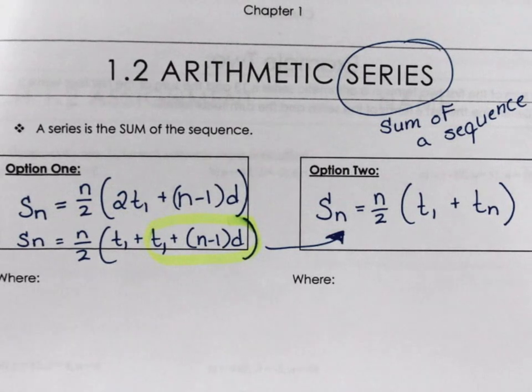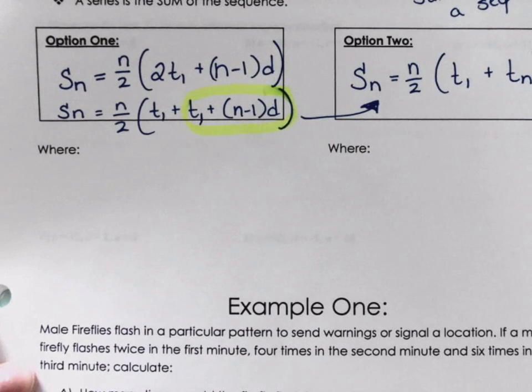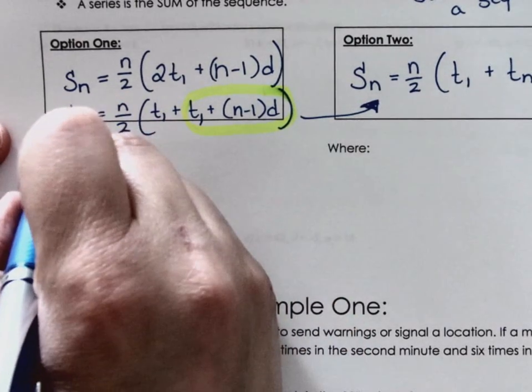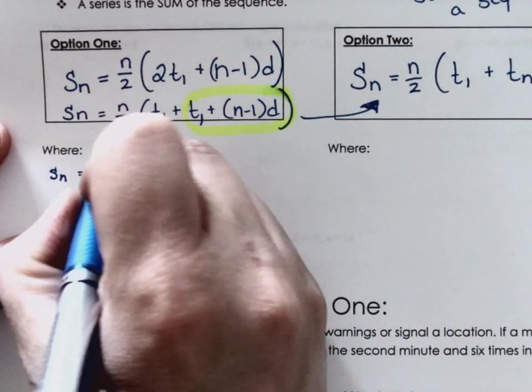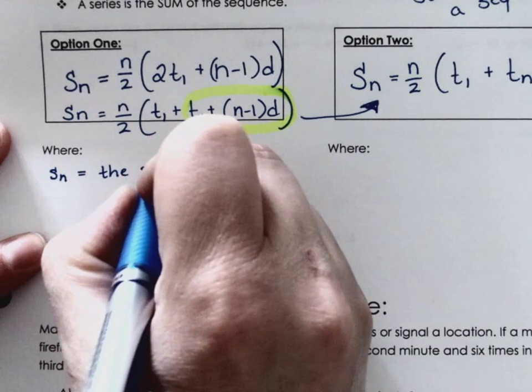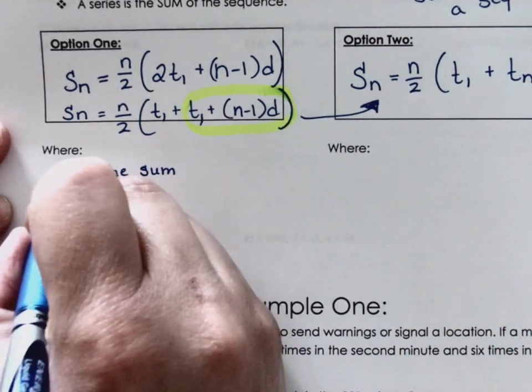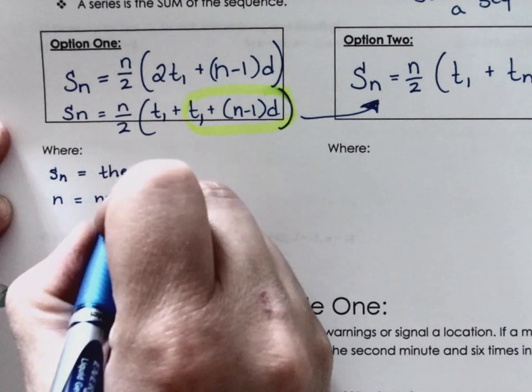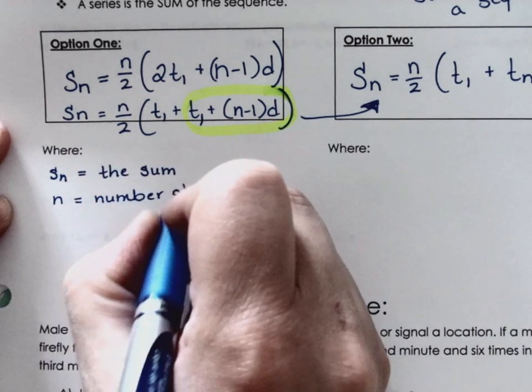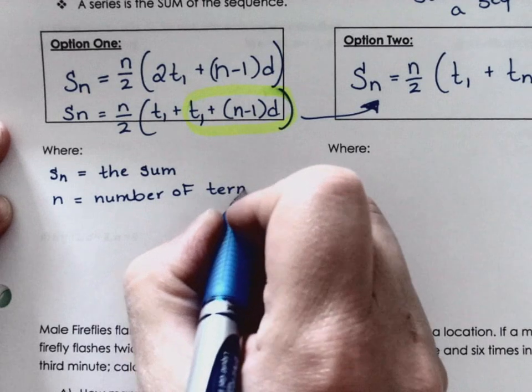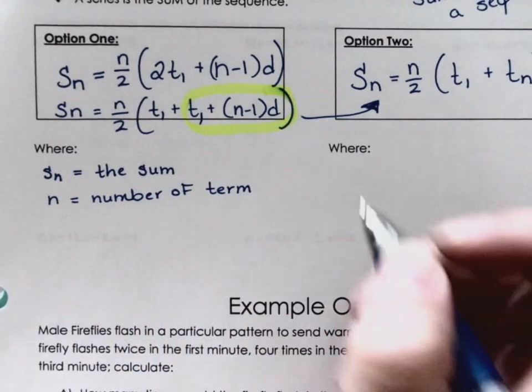Okay, let's define all of our variables in there so we don't get confused. So let's look at option 1. These are super similar to 1.1.